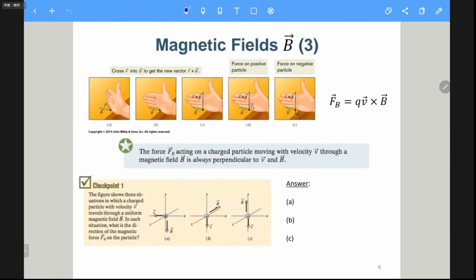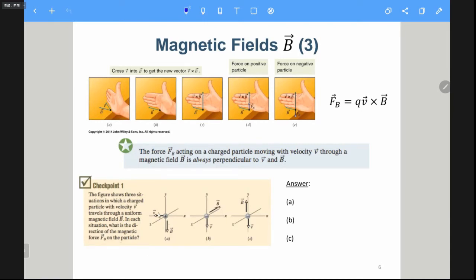Okay, so here we have a quick checkpoint. It asks, this charge is moving to the left side and the B field is pointing downward. For each situation, what is the direction of the Lorentz force?